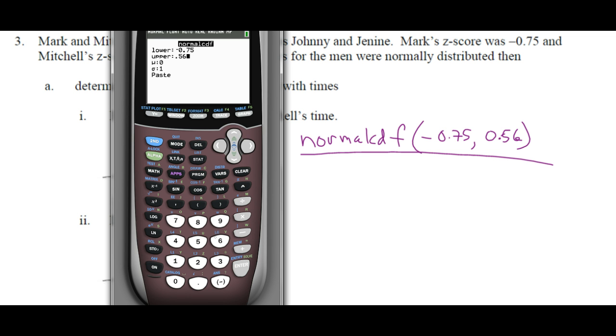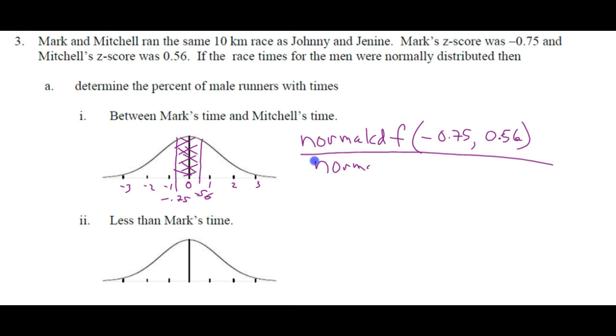Now, what the calculator does is it defaults to a standard normal distribution, so it says the mean is 0 and the standard deviation is 1. On the 83s, or the other calculators, you could enter negative 0.75, comma 0.56, comma 0, comma 1.